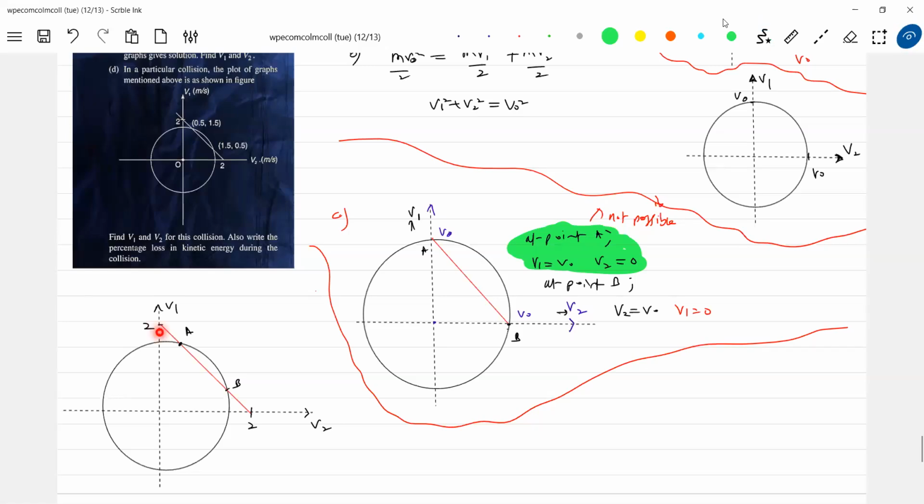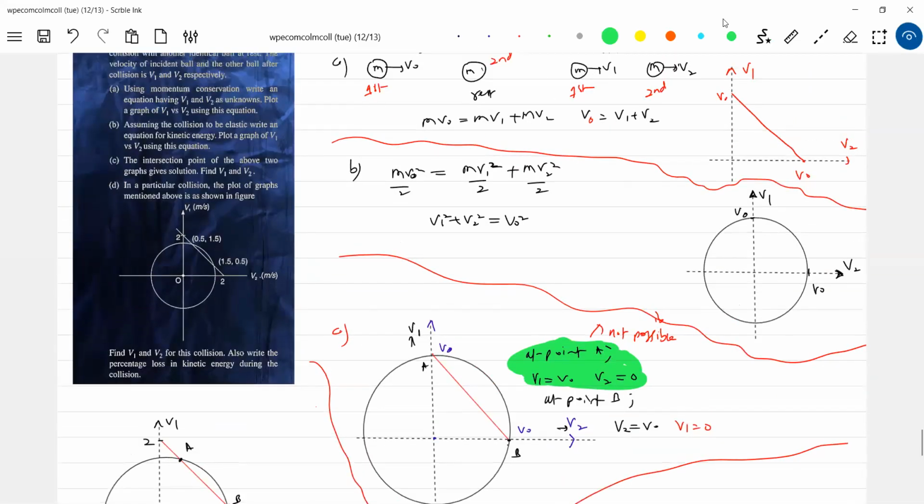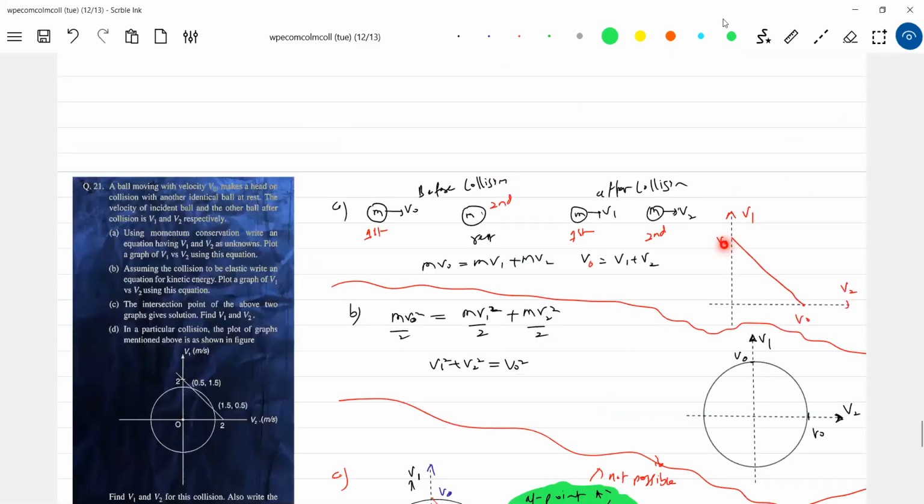Applying conservation of momentum, the final momentum is what it will be. Let the velocities be v1 and v2. The initial momentum is 2m. So applying conservation of linear momentum, if you're getting confusion, take out this circle. What is this v naught? v naught should be equal to v1 plus v2.